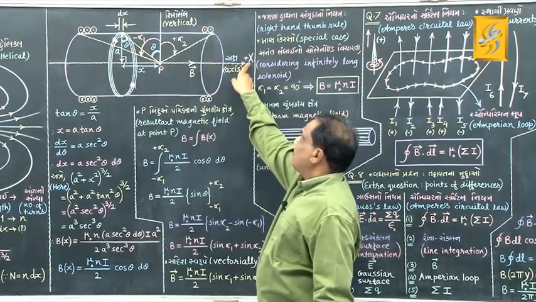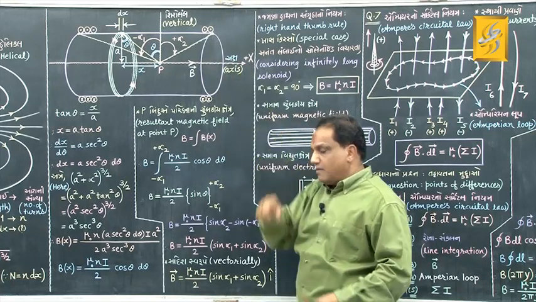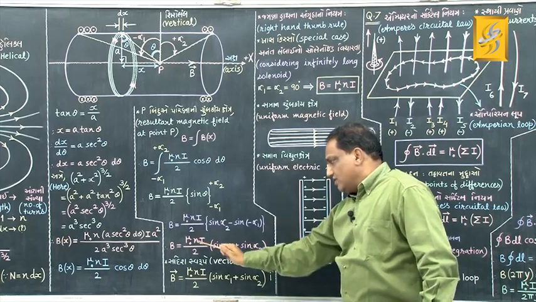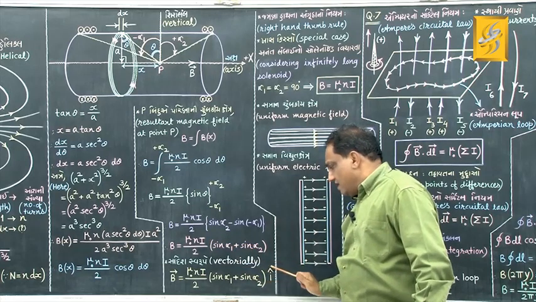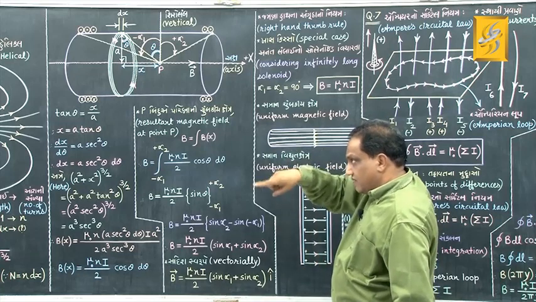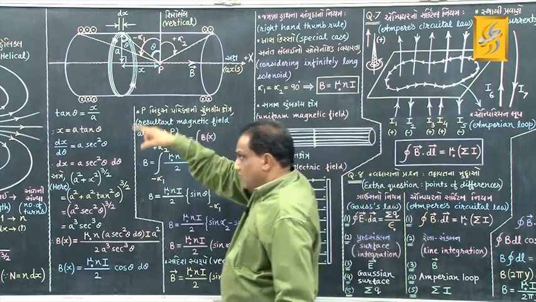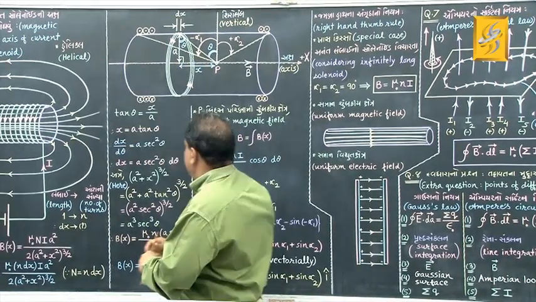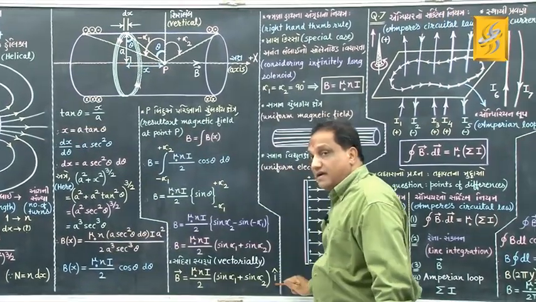That is in the direction of the positive x-axis, and that's why I am putting unit vector i hat. Magnitude is the same, but the unit vector will be i hat. If you are passing the current through the winding the other way, then you will have the magnetic field towards the negative x-axis. At that time you may write here minus i hat.